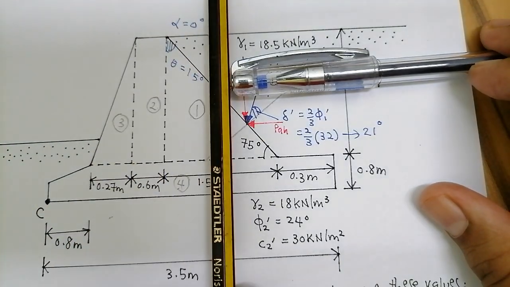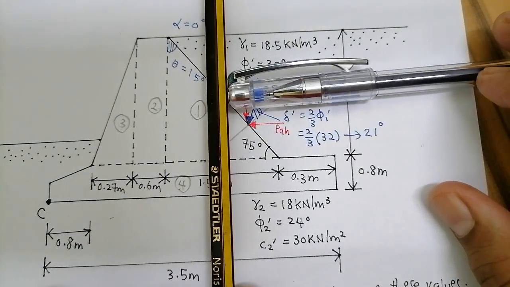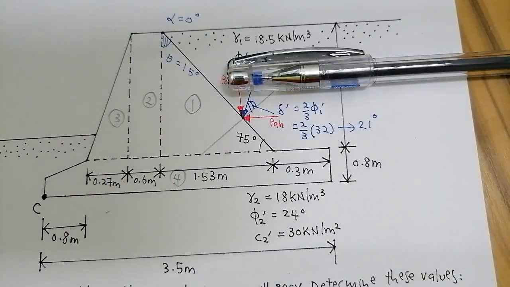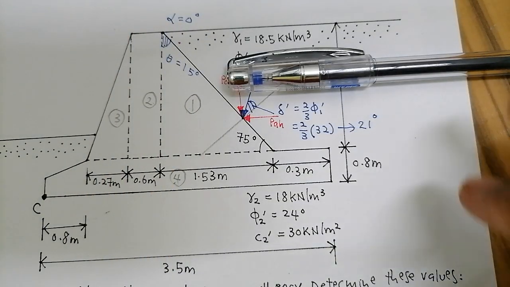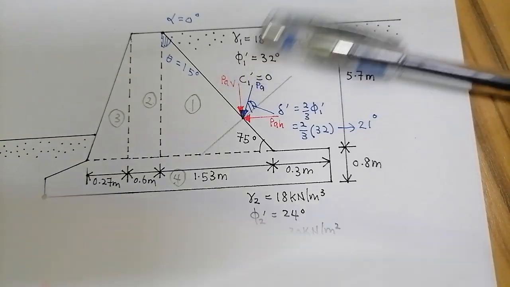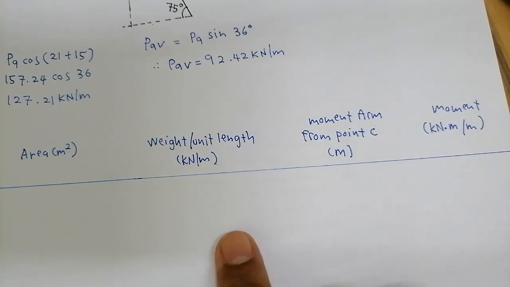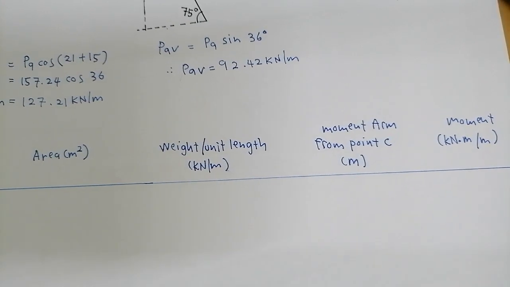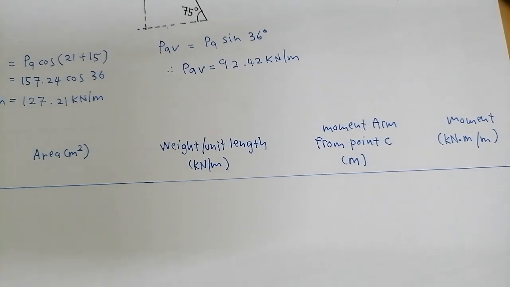Maybe you don't really get it now. So let's proceed with the calculation. Let's fill the table. In here, we are going to calculate the resisting moments, meaning the moments that are resisting the retaining wall from overturning.